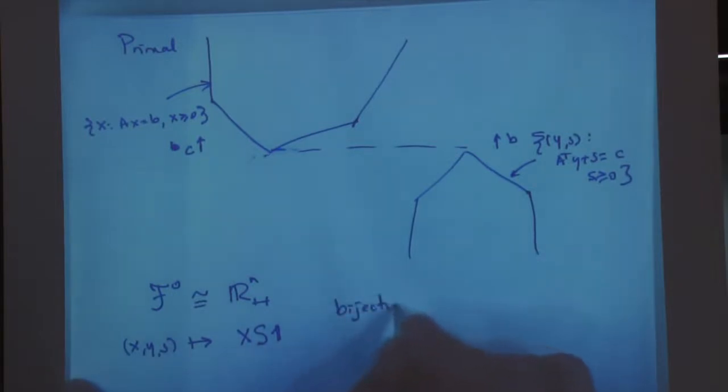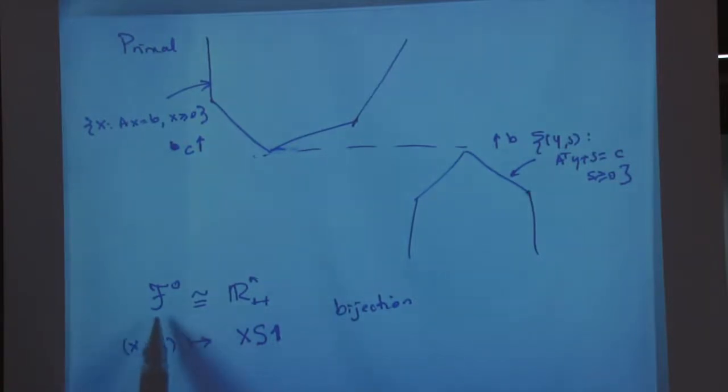This is really neat because we can visualize everything that happens in our primal and dual feasible regions. We can develop some geometric intuition by thinking in terms of this correspondence. All right, so that was F0.